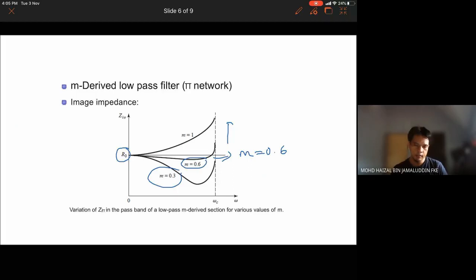Let's see the example here. The first example: a low pass m-Derived section introduces an infinite attenuation pole at 2.05 MHz, while the cutoff frequency is at 2 MHz. Find the value of m. So here is how we find the value of m.